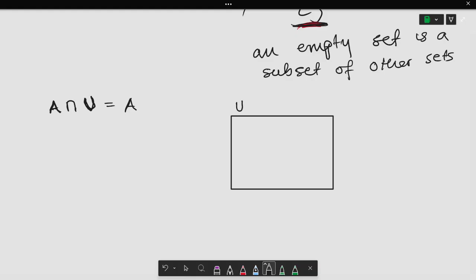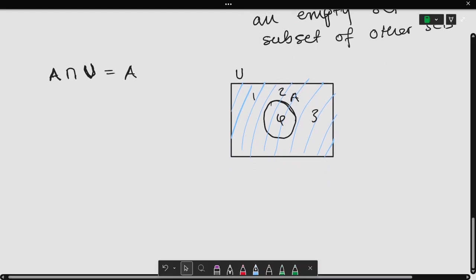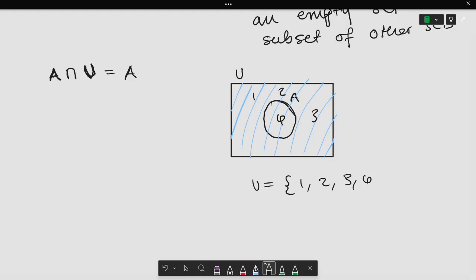If this is your universal set U and you have a set inside which you are calling set A, this entire part, including set A, is the universal set. Let's say the universal set had 1, 2, 3, and 4. You can write it as 1, 2, 3, 4. For set A, you only have one element, which is 4.